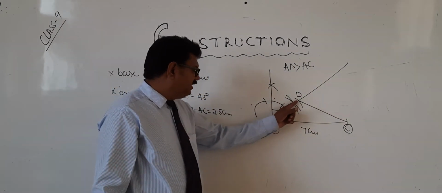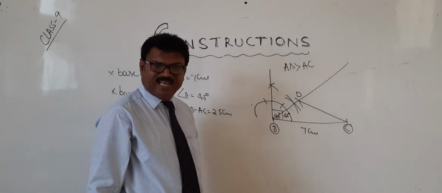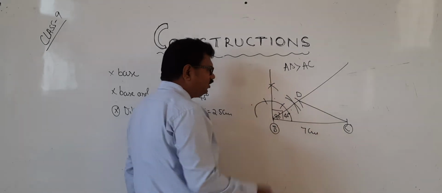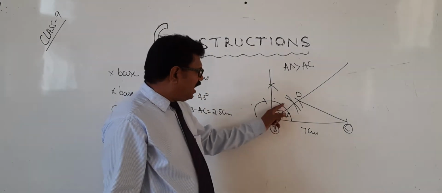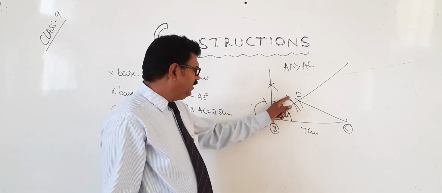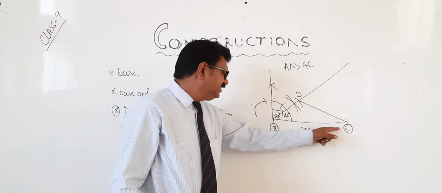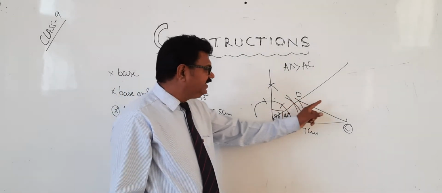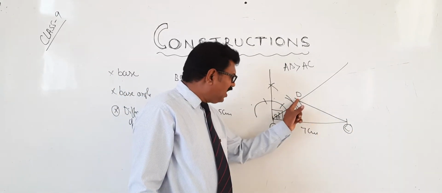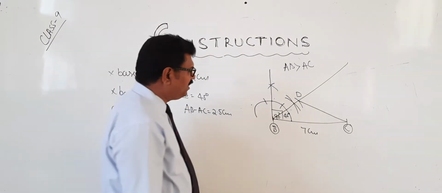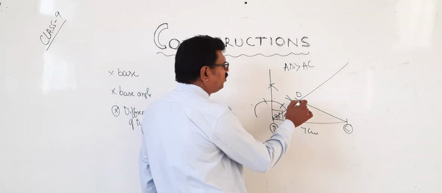Now you see DBC is a triangle now. Now you tell me, among these three sides which is the new side, whether DB is the new side or DC is the new side or BC is the new side. So which is the new side? BC is the new side. Now for this you should draw the perpendicular bisector. Perpendicular bisector is what I told.